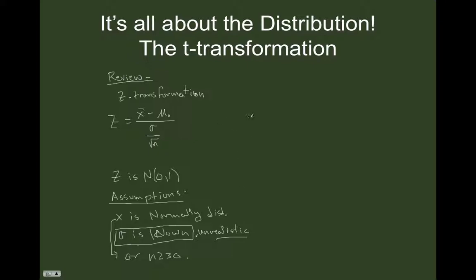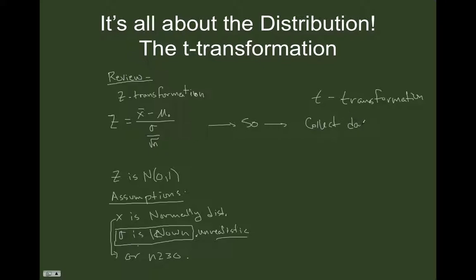So what do we do? Well, we're going to use the T transformation instead, which is really an honest transformation for the situation, because if you think about it, we're going to collect data.